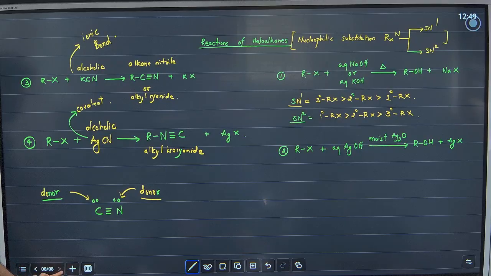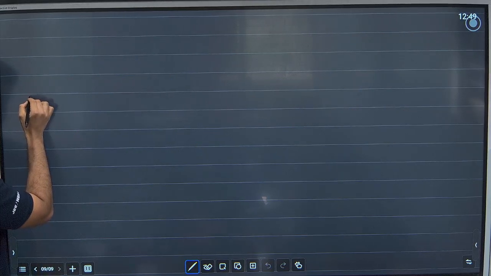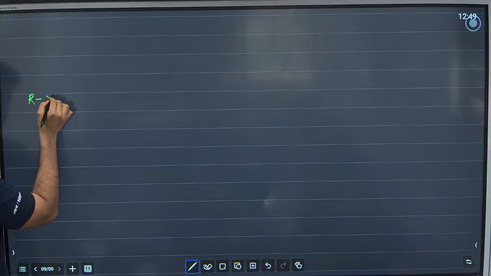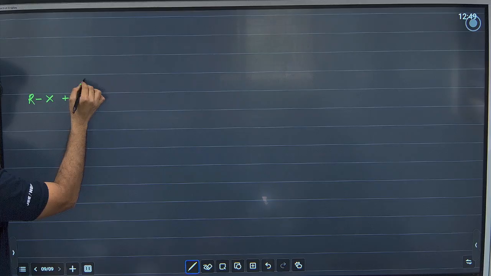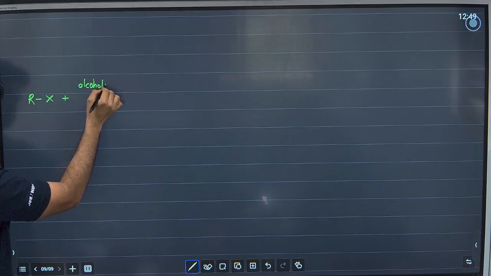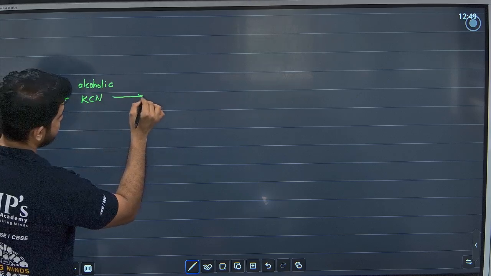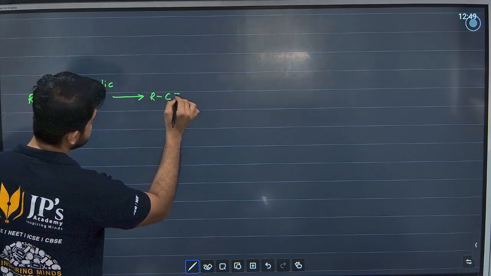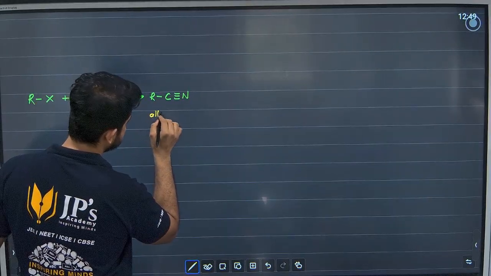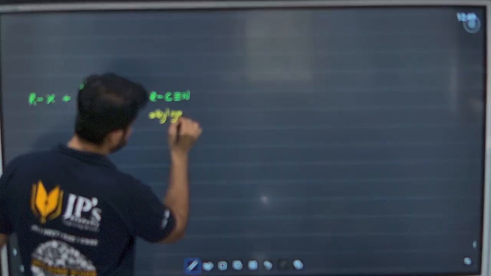With me till here? Now let's extend the third reaction above a little. I have RX plus alcoholic KCN. What do you get here? RCN, which is alkyl cyanide.